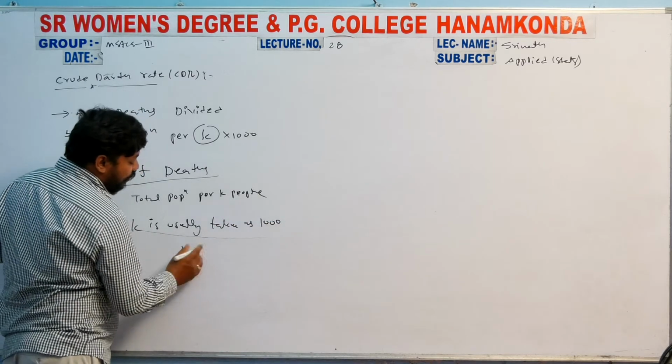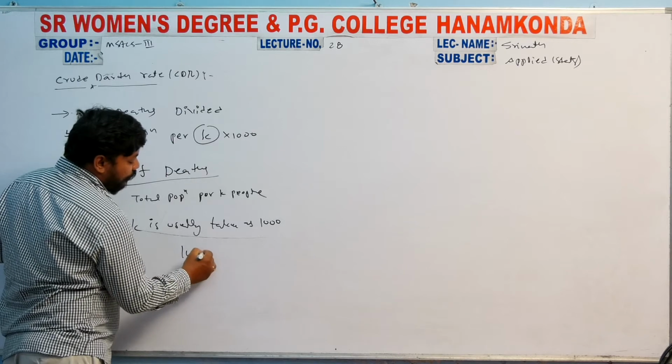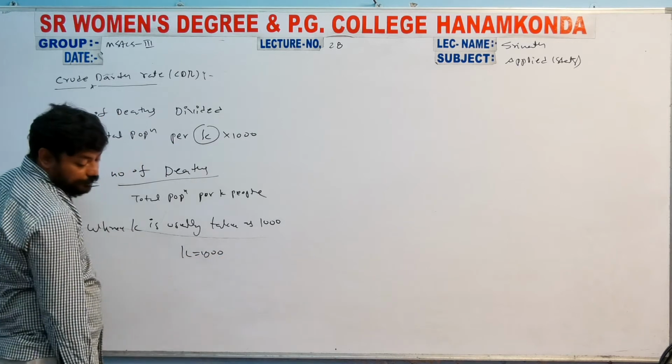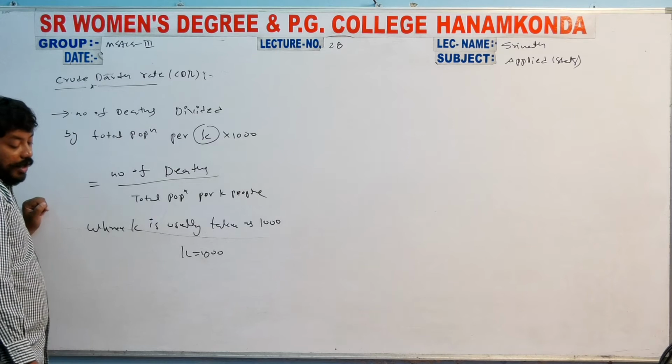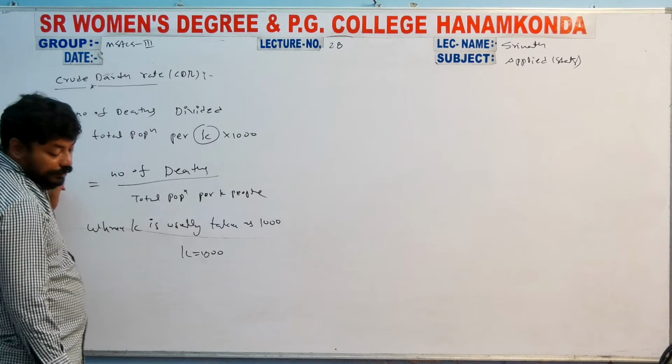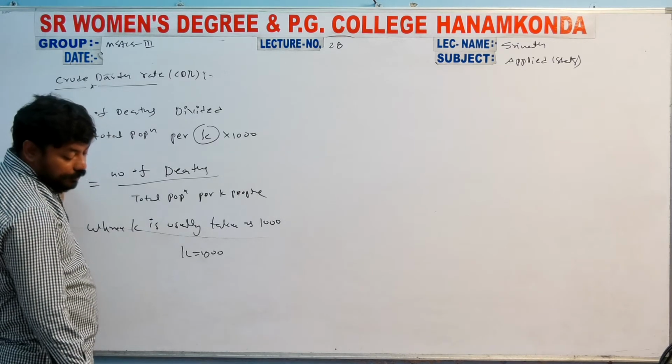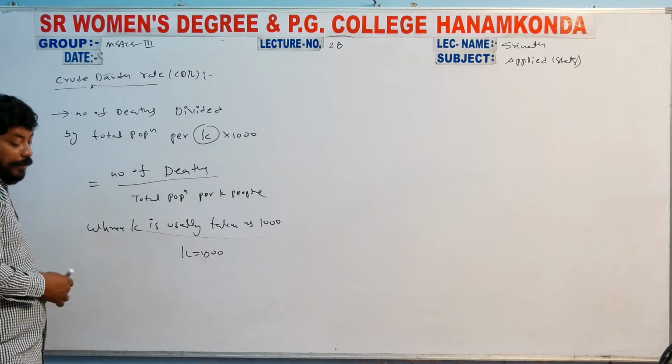CDR is calculated for a minimum of 1000 people.